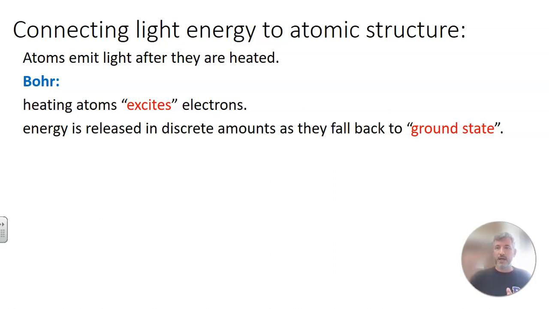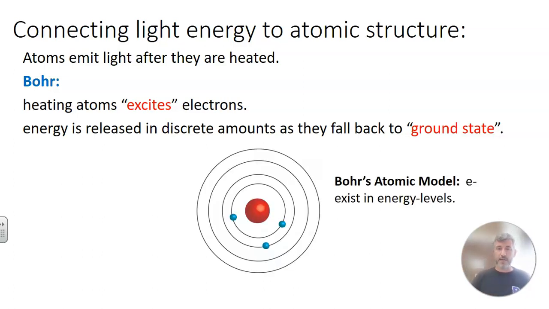Kind of like climbing a ladder, you can only be on the first rung, the second rung, the third rung, the fourth rung. So you can only be at those different heights on the ladder, right? So electrons kind of work the same way, and Bohr figured this out. And so he came up with a very important part of the atomic model, which is to say that we have energy levels.